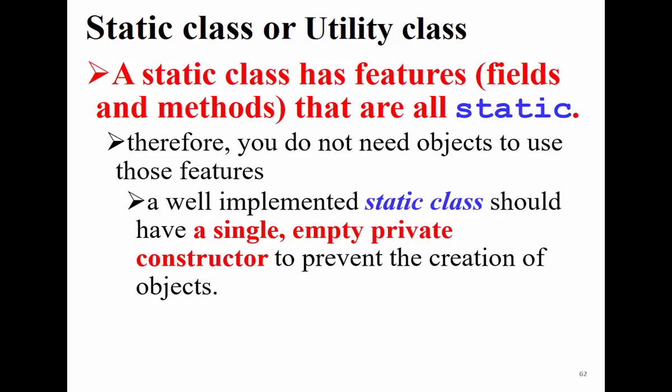This Math class is a static class. No one can create an object from it. No one can mess around with this. So it's a fixed and final class, and it has some methods that we can interact with. Like, I give you the angle, and you give me the cosine, sine and tan for this angle. I ask you for the constant pi, and you give me back pi. But I cannot create an object of Math. This is an example of a static class.